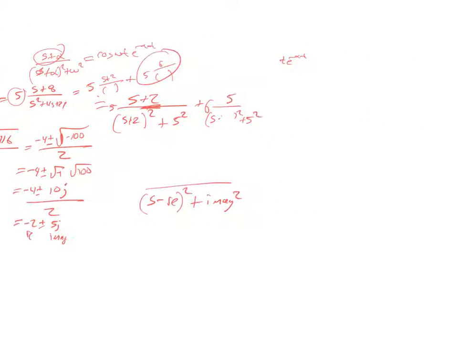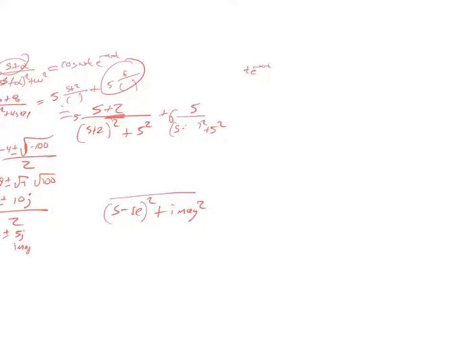So what I have now is the inverse Laplace transform of my original function, which was s squared plus 4s plus 29, and it was 5s plus 40, correct?